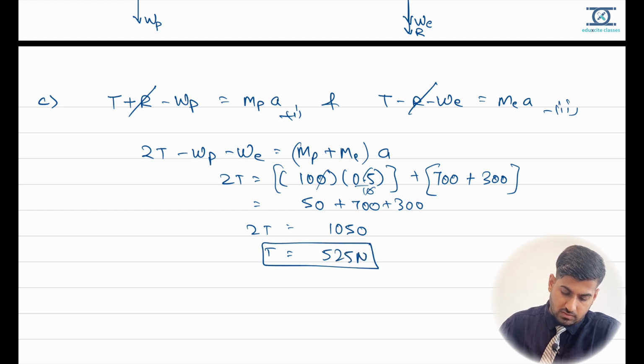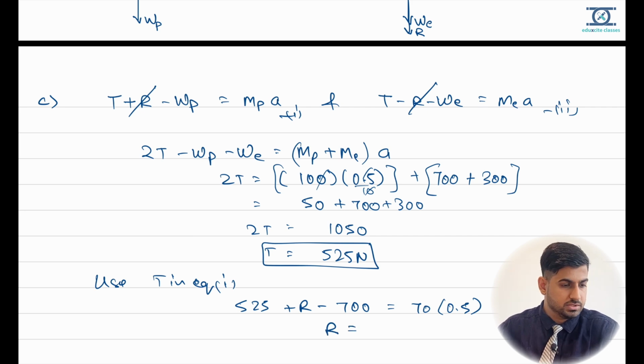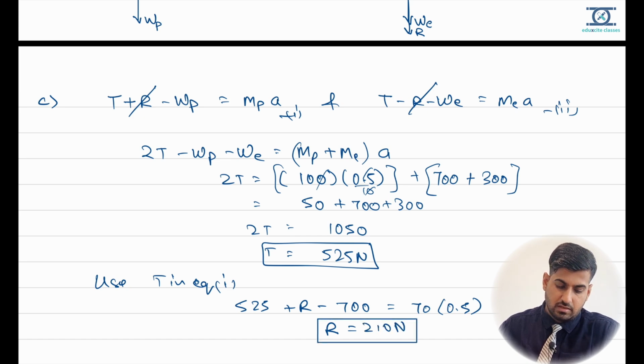Now use t in equation 1, I can write 525 plus r minus 700 is equal to 70a. Now a is again 0.5, we know this. So if you solve for r, I have already done the calculation, it will come out to around 210 Newton. So that's the answer for part C.